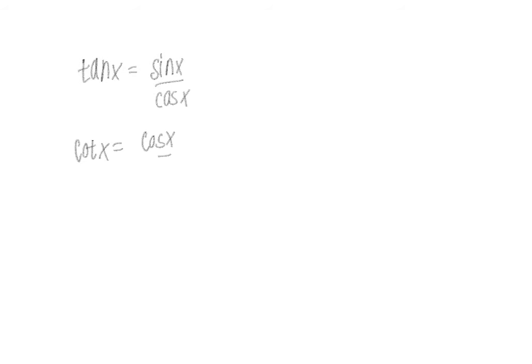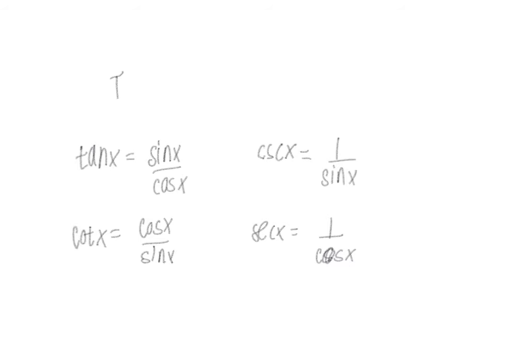It's cosine x over sine x. And it's also useful to know what cosecant x is equal to. It's 1 over the sine of x. And then secant x is 1 over the cosine of x. Those are just some basic trig identities.